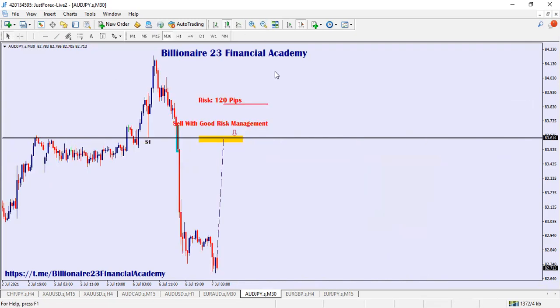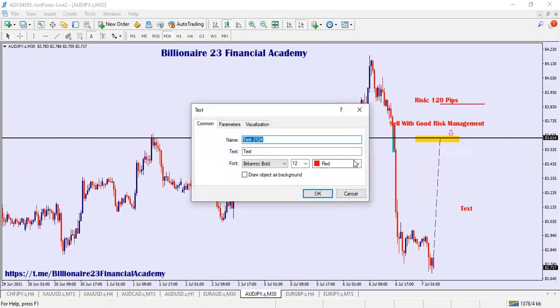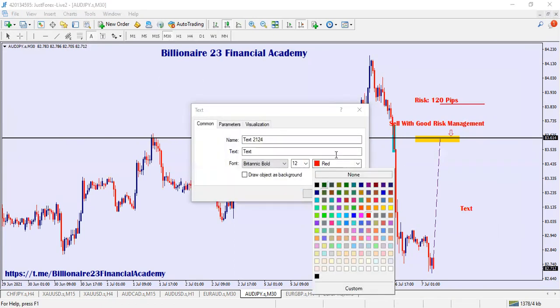Potential take profits, since we're switching from support to resistance, let's just use a 1-to-3 risk ratio. So potential reward 360 pips.